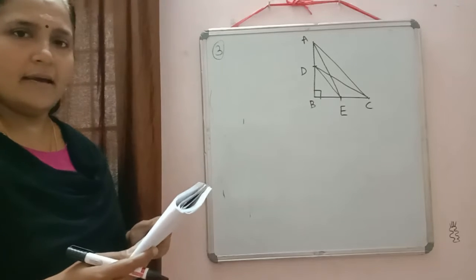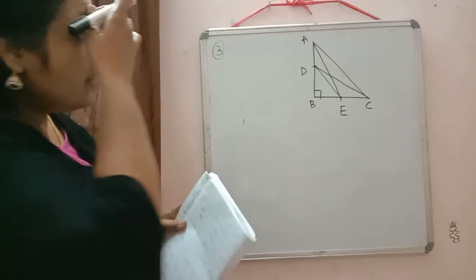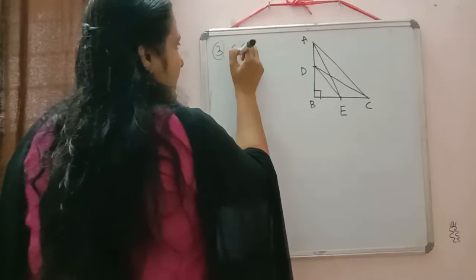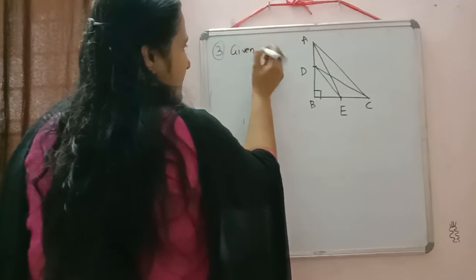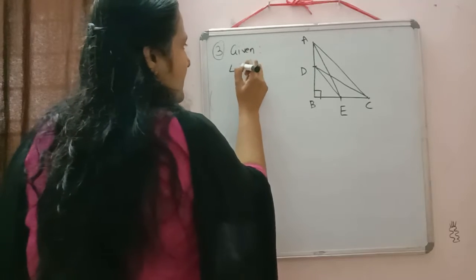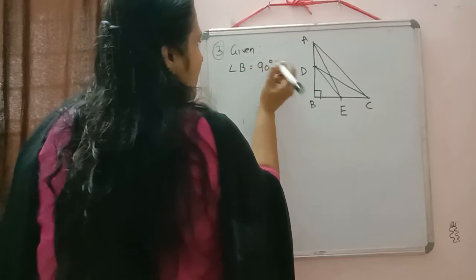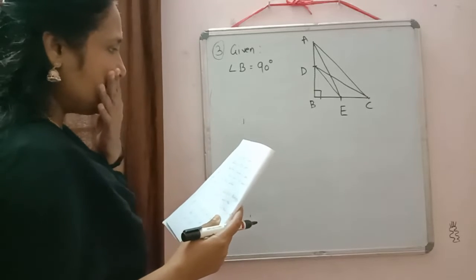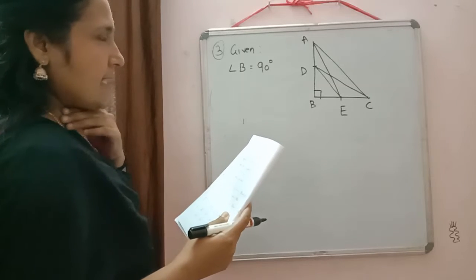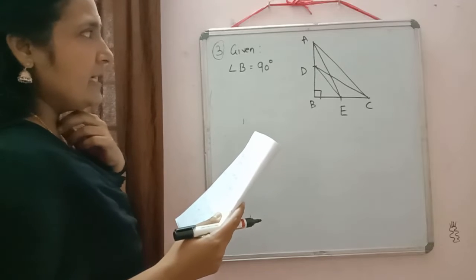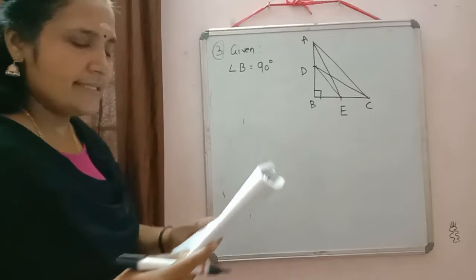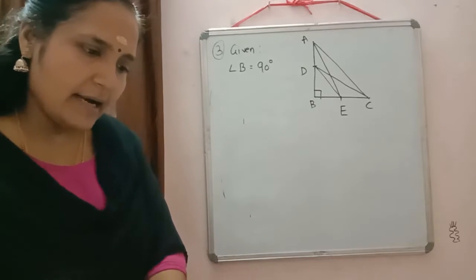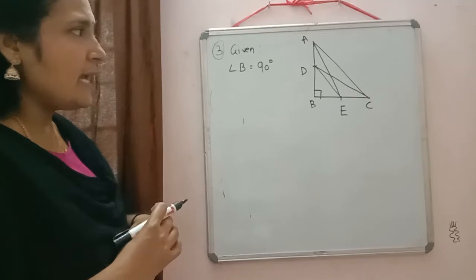Now we will check the proof there. Okay. So here again first what we can write? Given. Only one condition is given, that is angle B is equal to 90 degrees. Now in the proof we will check the left hand side. In the left hand side we need AE. So we will check whether we have a triangle in which the side AE is coming.